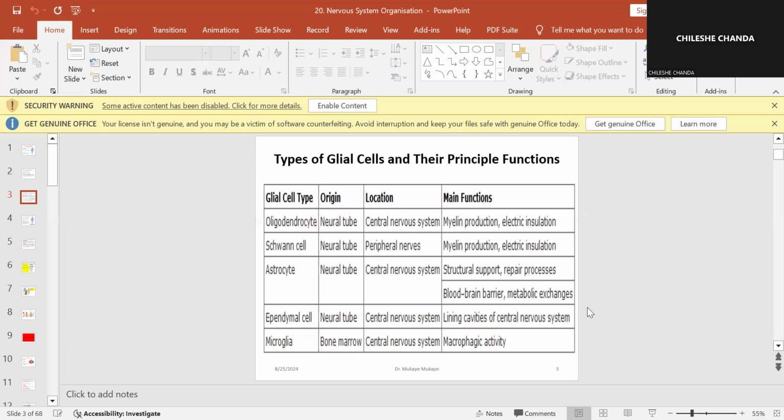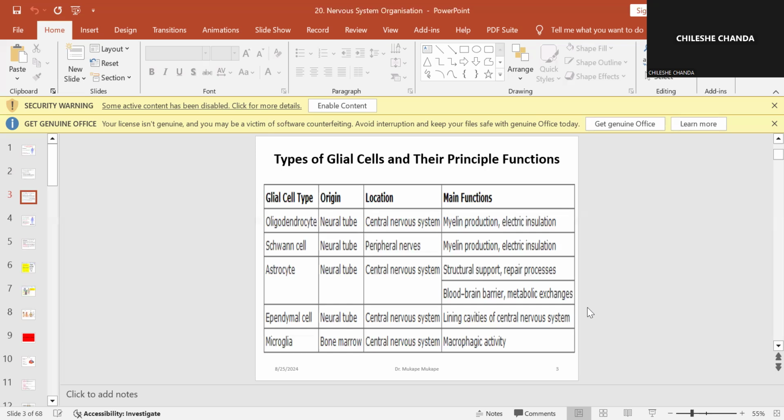The second glial cell that we'll look at is the Schwann cell. It is also derived from the neural tube and has the same function as the oligodendrocytes, but it is found in the peripheral nervous system, where it myelinates neurons.